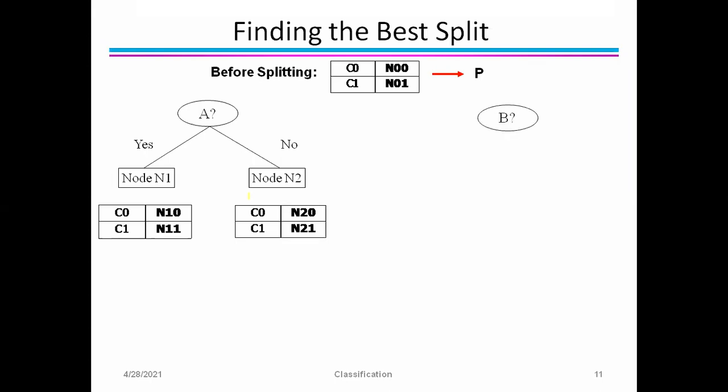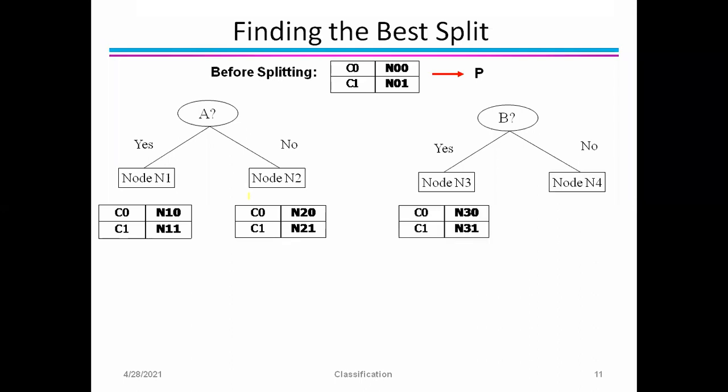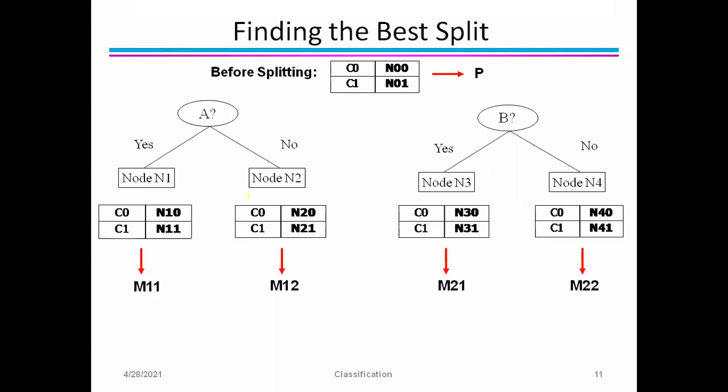Then check attribute B also. If the value of attribute B is yes, then node 3. If the attribute value is no, then node 4. Again count how many C0 values and how many C1 values we have, and check C0 and C1 for node 4 also. Then calculate M1.